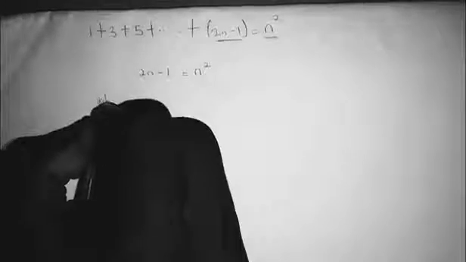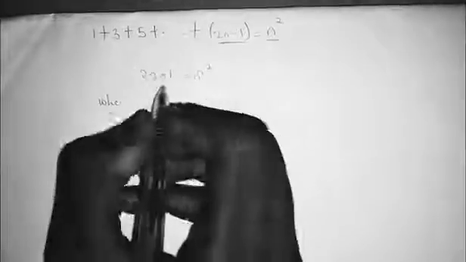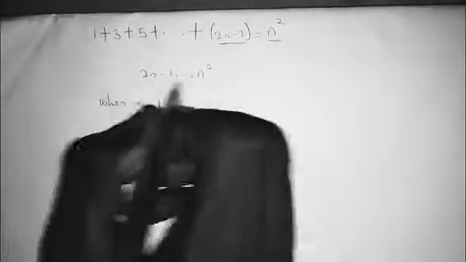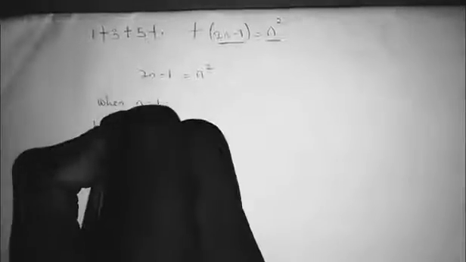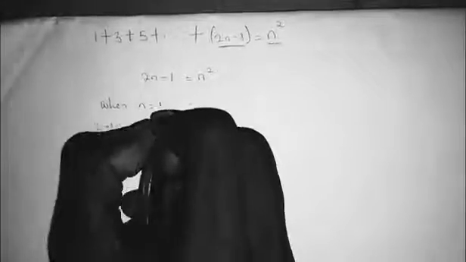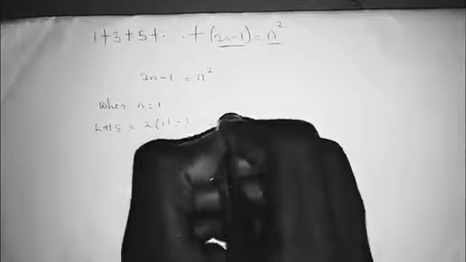So when n equals 1, you are just to check whether the left side is the same as the right. For the left hand side, we have 2 into (1 minus 1)... sorry, 2 times 1 minus 1, which gives 2 minus 1, and that gives 1.